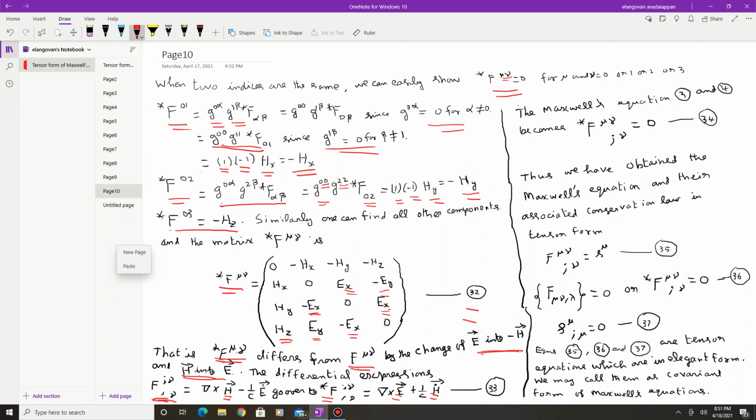So once you convert this into the dual tensor, then Maxwell's equation will be like this: curl E plus 1 by c H dot. So this is equation 33. So Maxwell's equations 3 and 4 become like this. So you can write down Maxwell's equations 3 and 4.